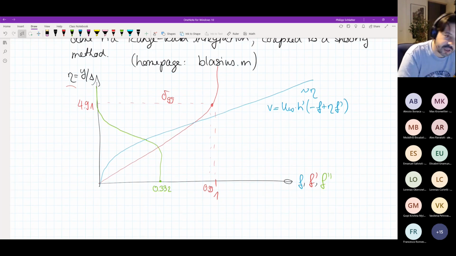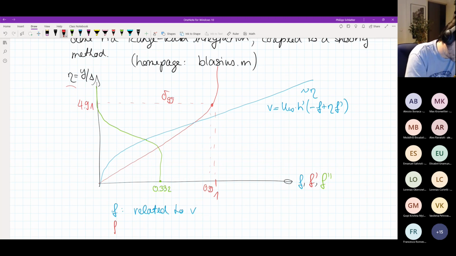Just to summarize for today, now we have written the solution. f is related to v in exactly the way that I just wrote. f prime is related to u, or actually it's defined as u divided by u infinity.